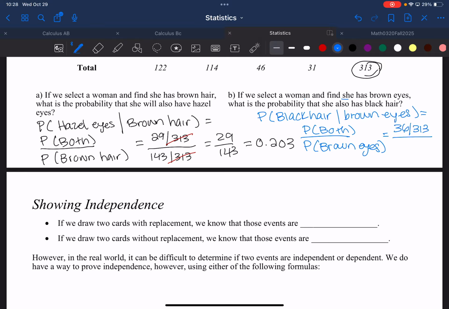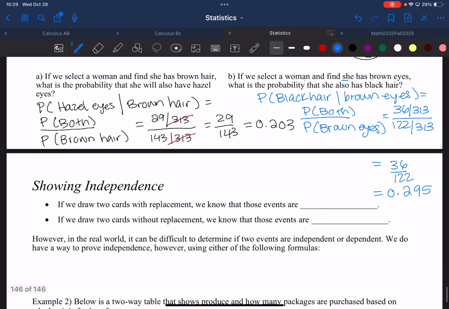And then the probability of just having brown eyes? Good, 122 out of 313, which we can simplify that to 36 over 122, which is 0.295. So about a 29% probability or chance that that happens.